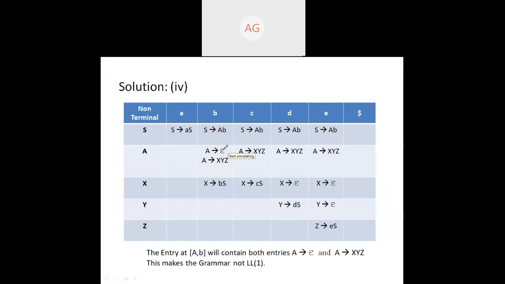So we need to check whether an LL1 parser table can be made or not. You can see here that in the entry A comma B, there are both entries: A produces epsilon and A produces XYZ. So this makes the grammar not LL1, as two productions are there in a single cell. That means the grammar is not LL1.